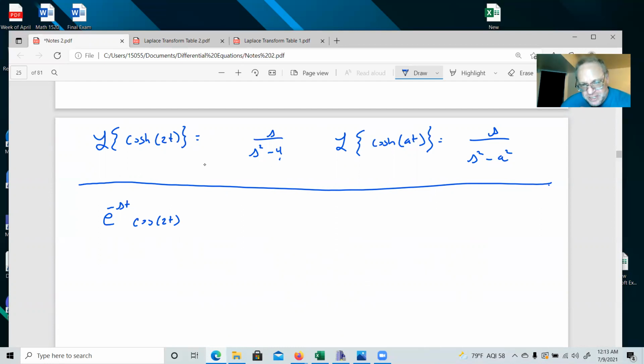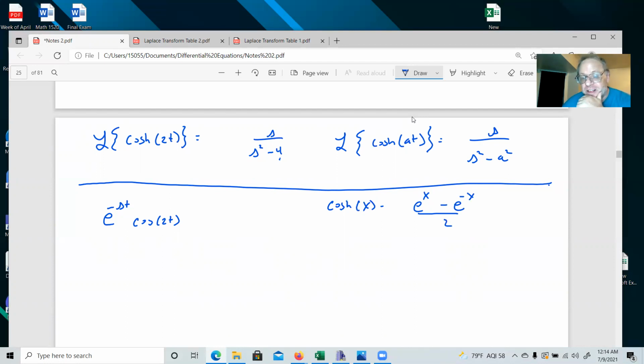But I'm going to bring your attention to something. I'm going to say, well, remember cosh of 2t was equal to, actually, let's just do cosh of x. Okay, that way it'll keep everything kind of simple. So we just do cosh of x, which is 2t. That was e to the x plus e to the negative x over 2.